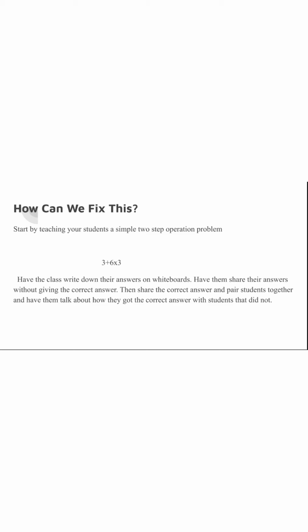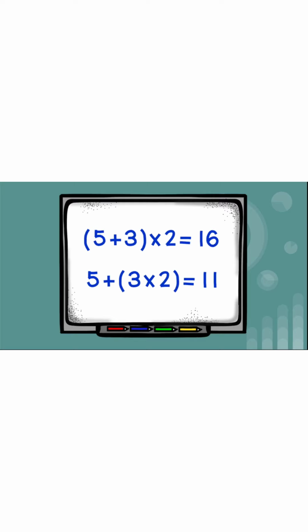Teachers can also go through the different operations and show why doing them in a certain order is important. A classic example is the parentheses problem like this. It shows how moving the parentheses can change the entire problem.